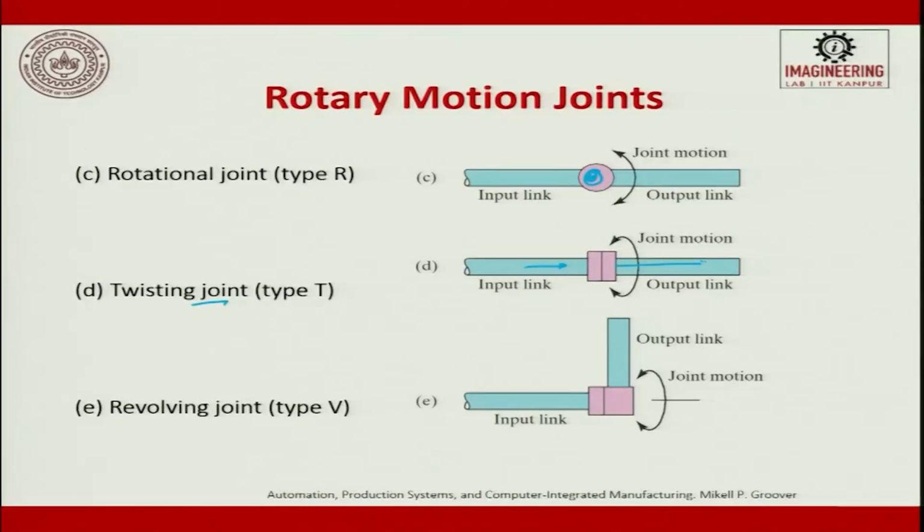So, you will have a fixed axis and then this rotates about the fixed axis. Revolving is where the entire object, the outer link, revolves around this input link. So, that is revolving. Under rotational you will have rotational joint, twist joint and revolving joint.